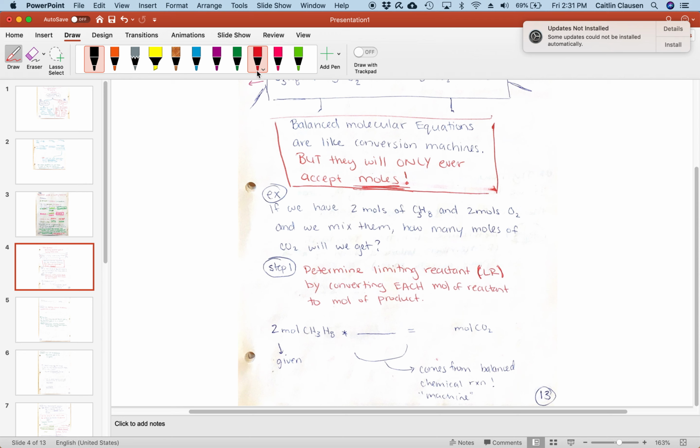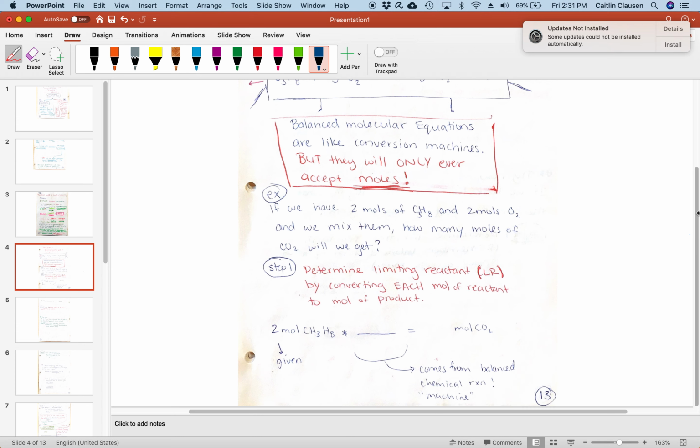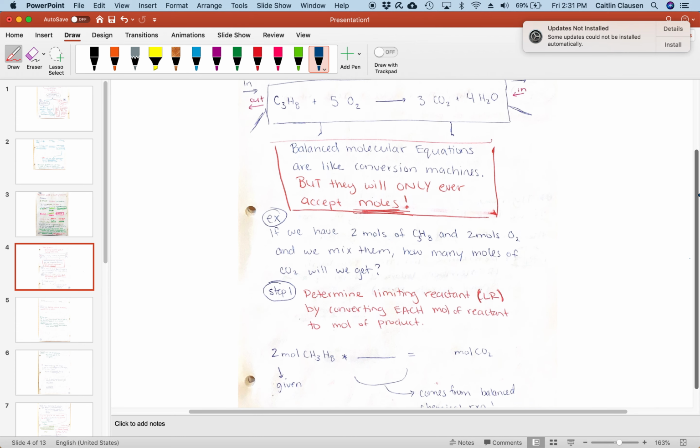2 moles of C3H8. If I'm converting moles of C3H8 into moles of product, of CO2, well, I gotta look at my balanced chemical equation to convert moles to moles. So I'm gonna put moles of C3H8 on the bottom because I want those to cancel, and I want to end up with moles of CO2.